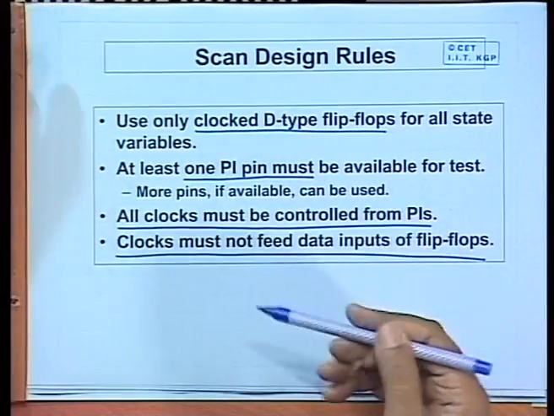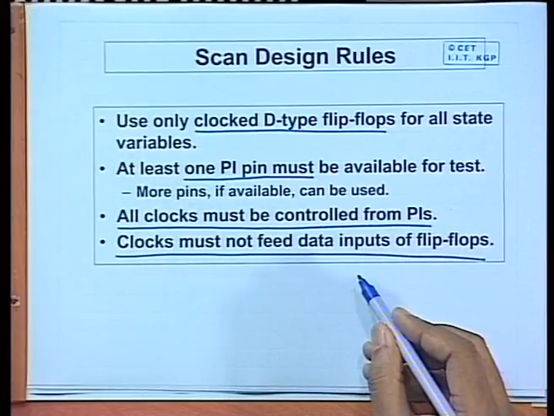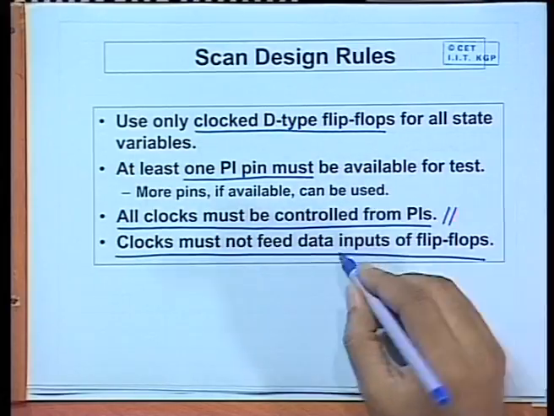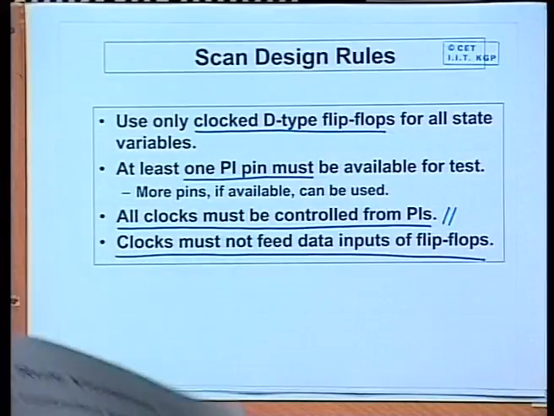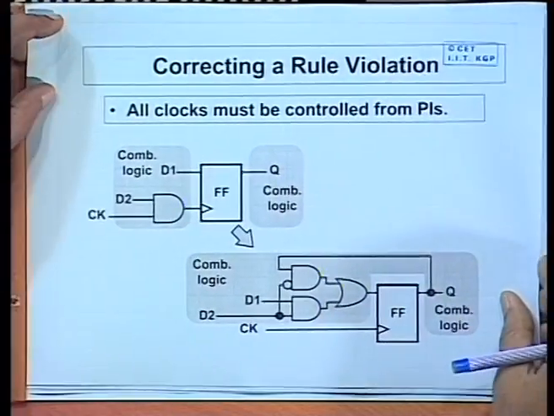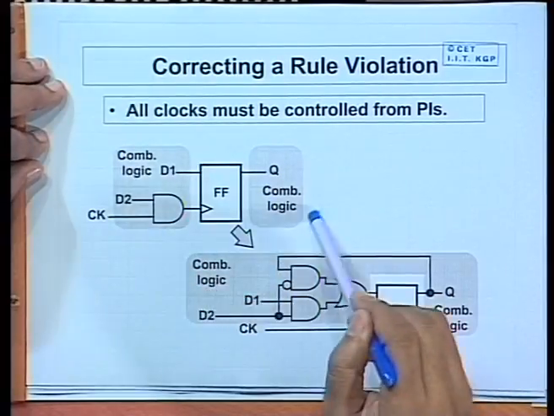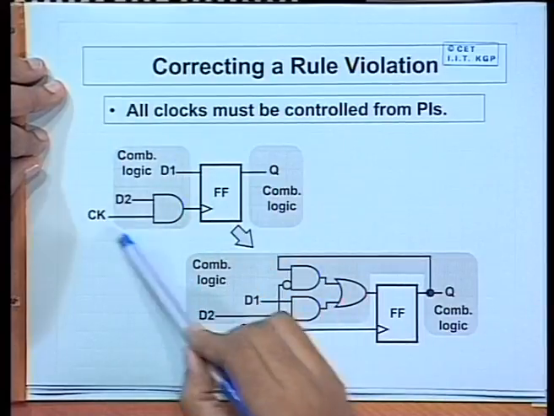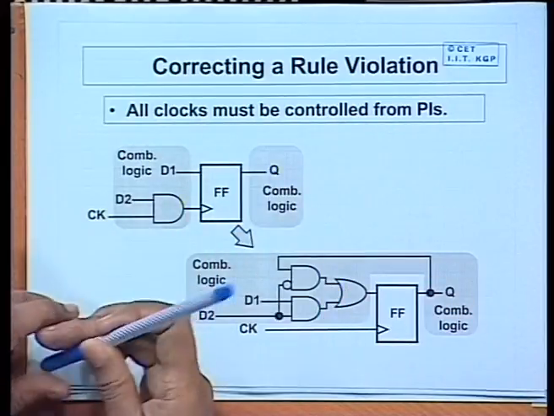Well, there are ways to enforce these rules. For example, let us take the third one: all clocks must be controlled from primary input. Suppose in a design we had a portion of the circuit where this design rule violation was there, where the clocks were not directly controlled from primary input.